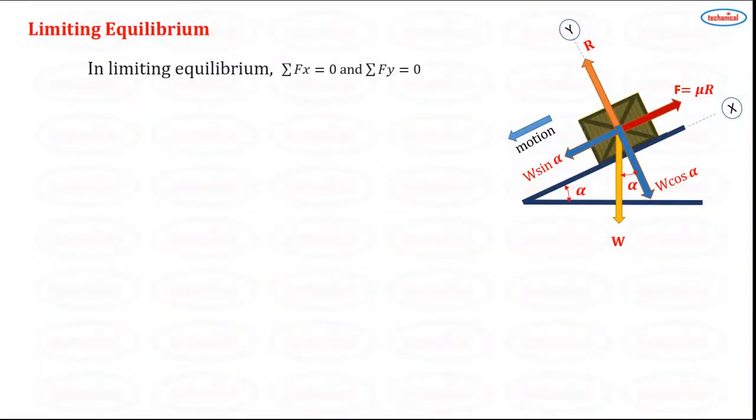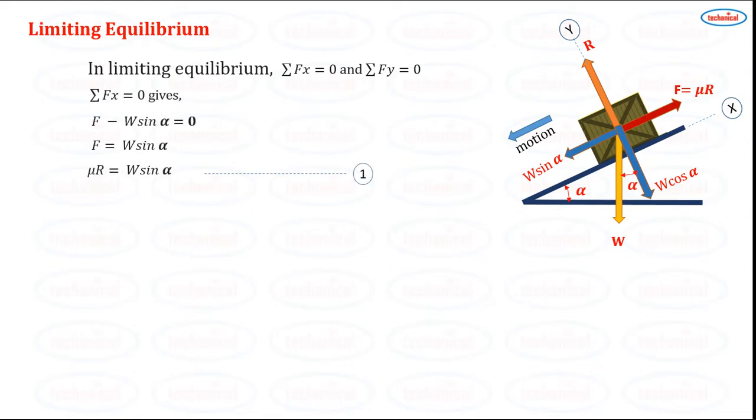Limiting equilibrium. Let x-axis along the plane and y-axis normal to the plane. In limiting equilibrium, apply the conditions of equilibrium sigma Fx equal to 0 and sigma Fy equal to 0.